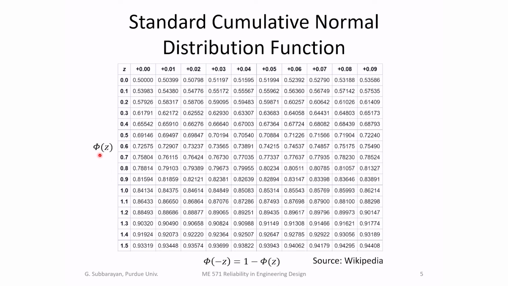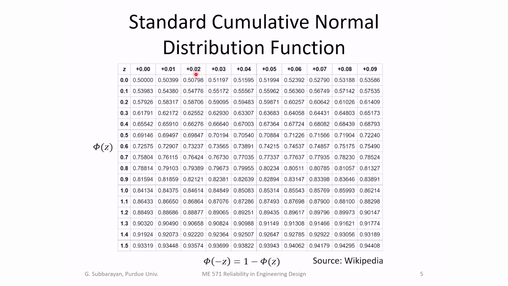So this is phi of z for various values of z. As you notice here, there are no negative values of z. Typically, you only write the table in terms of positive values of z. The way this table is to be read is, this is z value of 0, and this is 0.01, etc. This is the hundredth place, the value changes with the hundredth place.